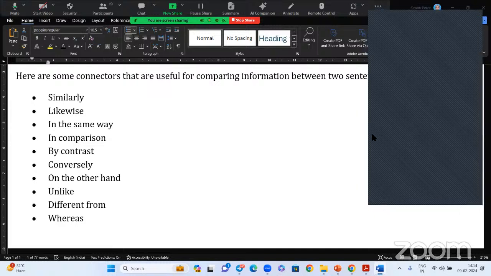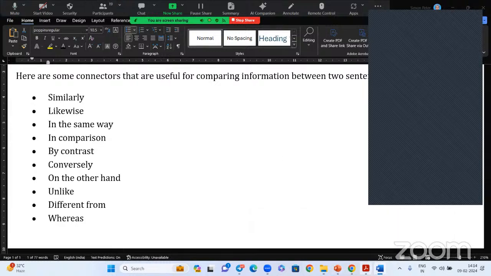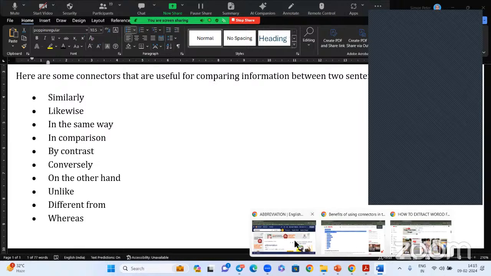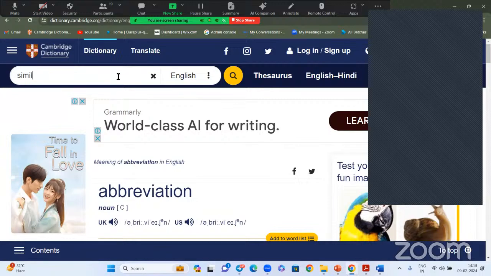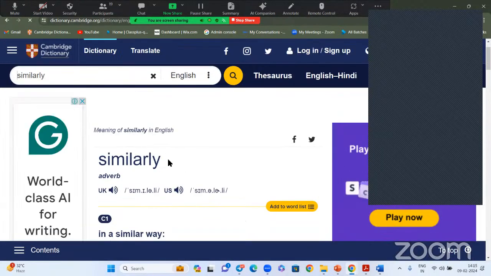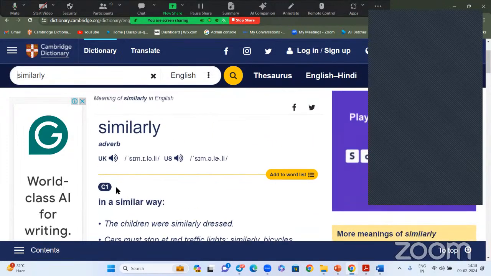The students will write the sentences. Similarly, what is the power of this vocabulary? Yeah, I think I can do it myself. Similarly, C1 vocabulary is a very powerful word. It is equal to 4 words.